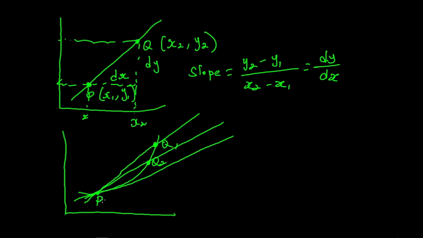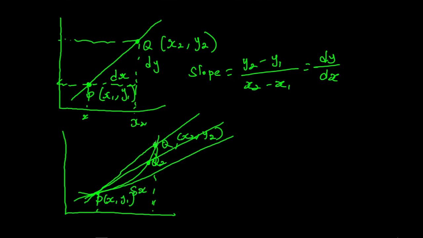By further evaluation, if we take our point P to correspond to x1 and y1, and point Q1 to be x2 and y2, that means the difference between point P and Q1 is going to be our delta x.